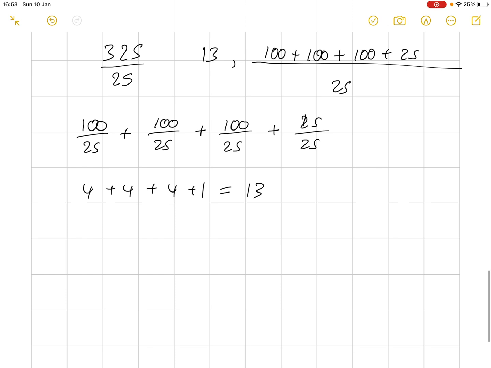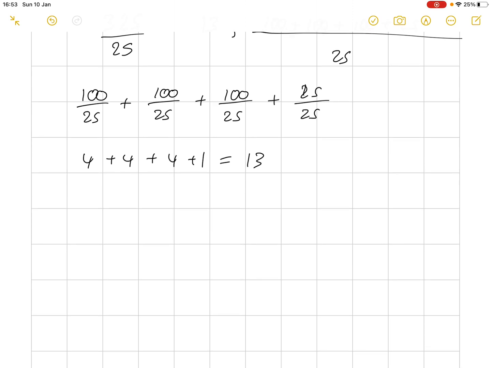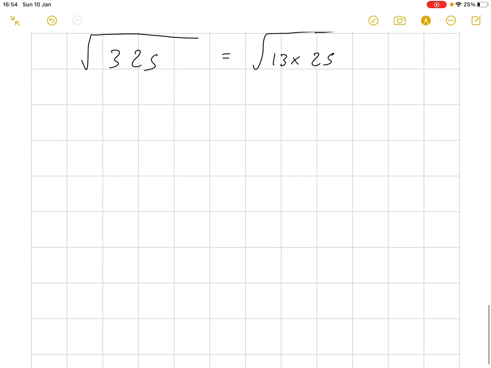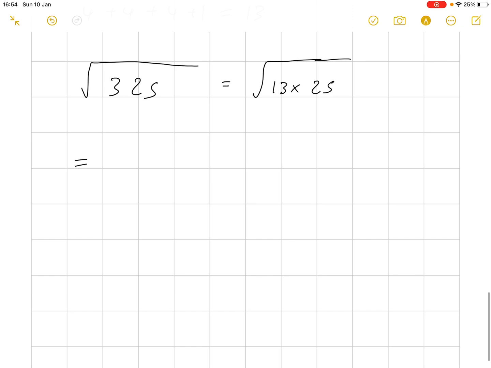So what do we do next? Well, the square root of 325 is equal to the square root of 13 times 25. And by this rule here, we can split this up into the square root of 25 times the square root of 13.